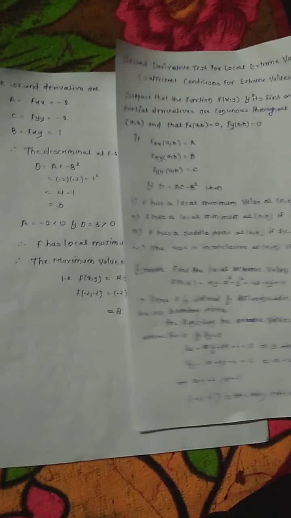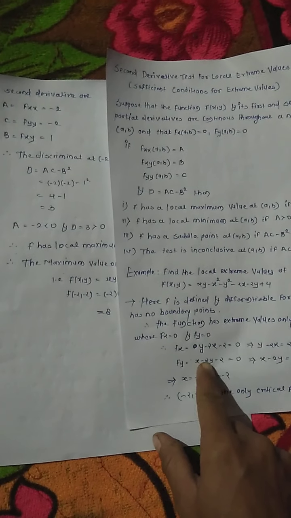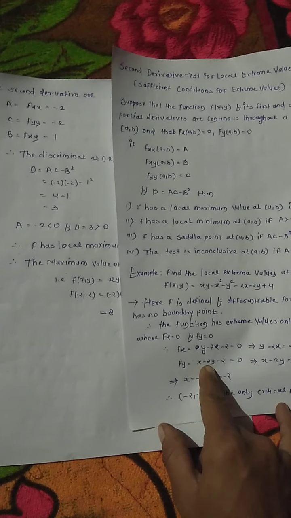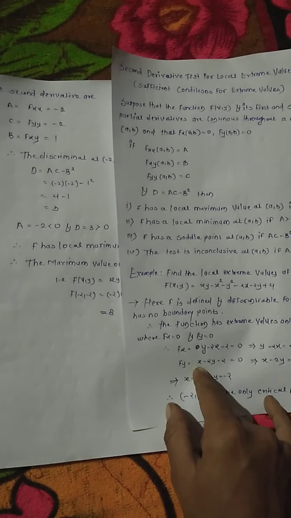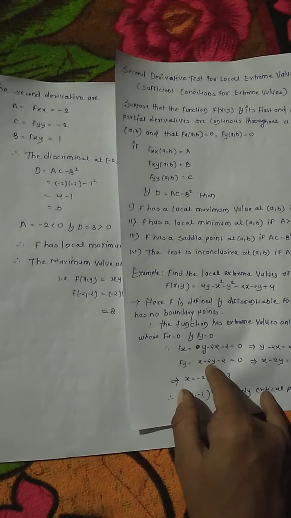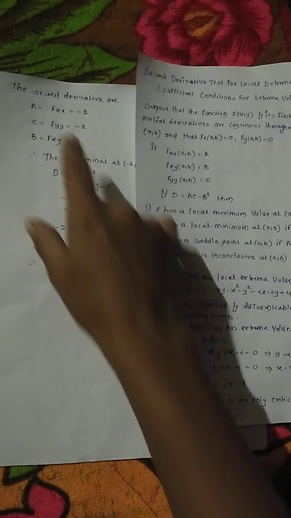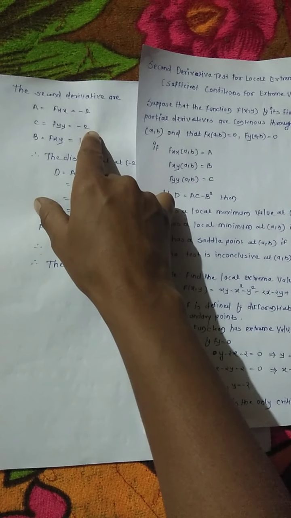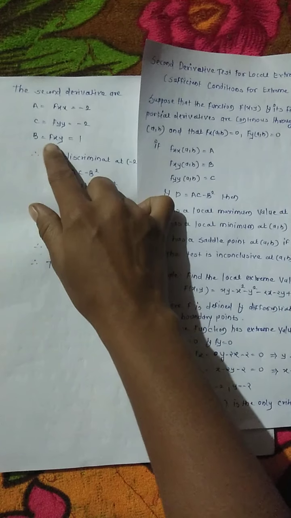So fxx is equal to minus 2. Again, taking the derivative of fy with respect to y, there is no y in x, so the derivative of x is 0. The derivative of minus 2y is minus 2, and the derivative of minus 2 is 0. So fyy is equal to minus 2. A is equal to minus 2, C is equal to minus 2.